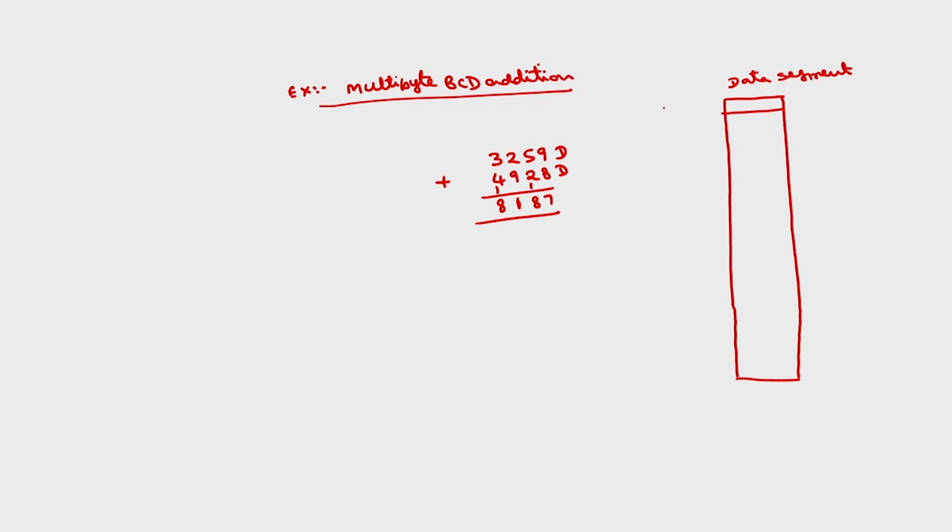Say starting address is the same, 50000H, ending address will be, if it is 64 kilobytes, 5FFFFH.